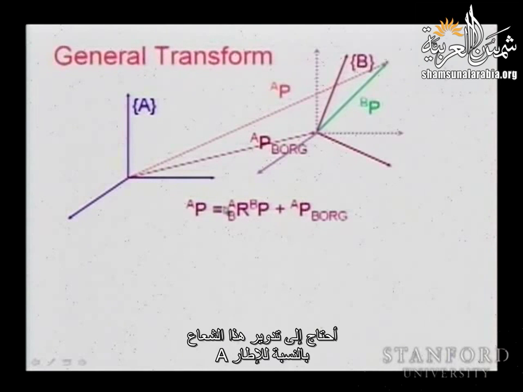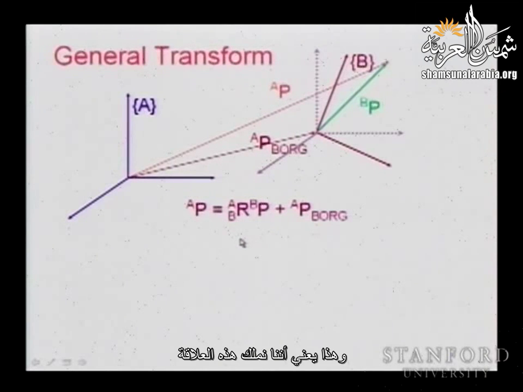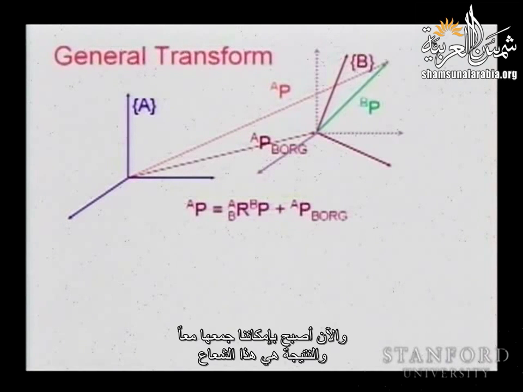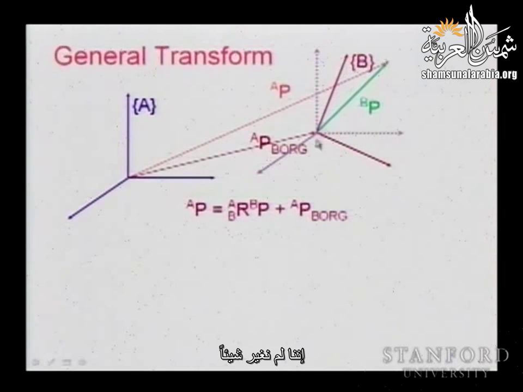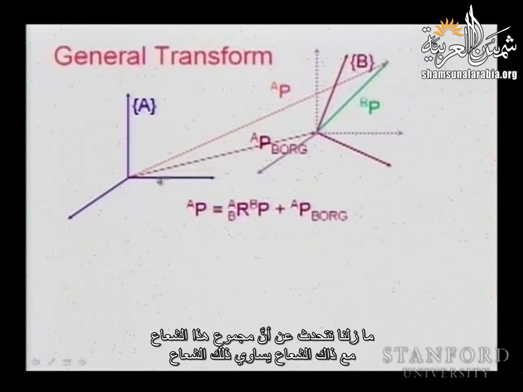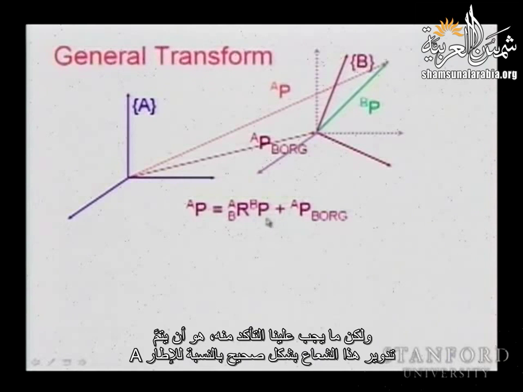I need to rotate this vector to frame A. And that means we have this general relation: we take the description of P, we rotate it to frame A, we have its description in A, and we have the origin description in A, and now we can add them together, and the result is this vector. We haven't changed anything. We still are talking about this vector plus this vector equal this vector. But what we have to make sure is that this description is rotated correctly to frame A.